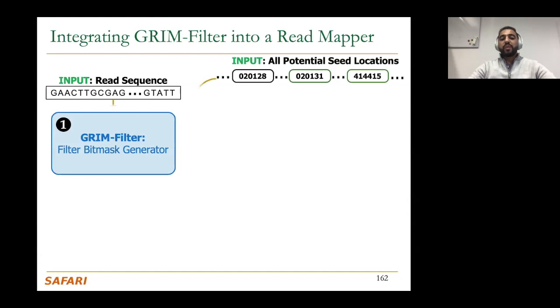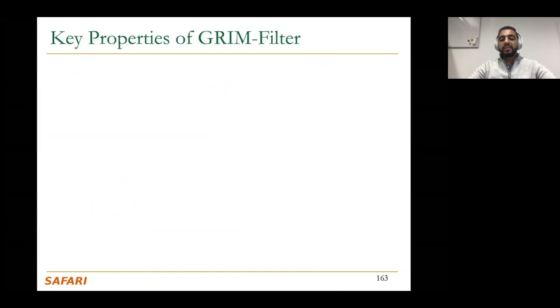Now, why the benefits were very minimal compared to FPGA, for example, or other works such as SneakySnake? Why is this end-to-end speedup only 1.8x, for example?